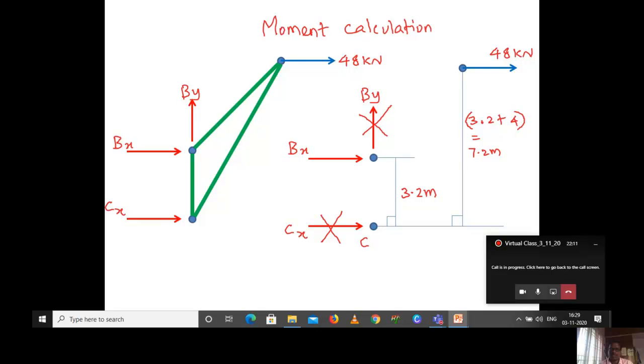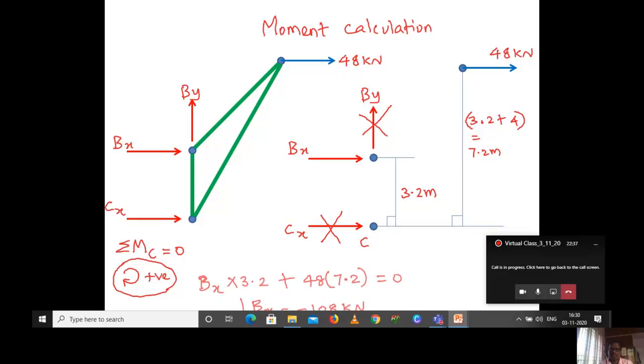So based on these two distances, I know the forces Bx and 48 kilonewton, I can substitute. As like equilibrium condition, third one is moment about any one point is equal to 0. Here we are considering C point, so summation of moment about C is equal to 0. We are assuming that the clockwise moment is positive.